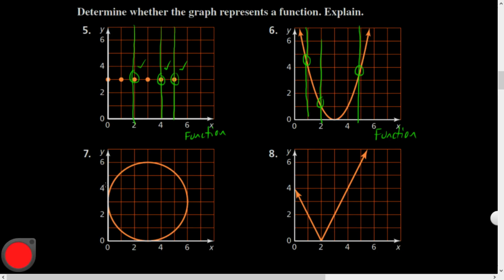All right, I've already selected red, which can only mean one thing, Devin. Question 7. Do you think I could draw a vertical line that hits more than 1 point? Yeah. Like at 1, for instance. Bam! Multiple targets hit. Right? At 4, multiple targets hit.